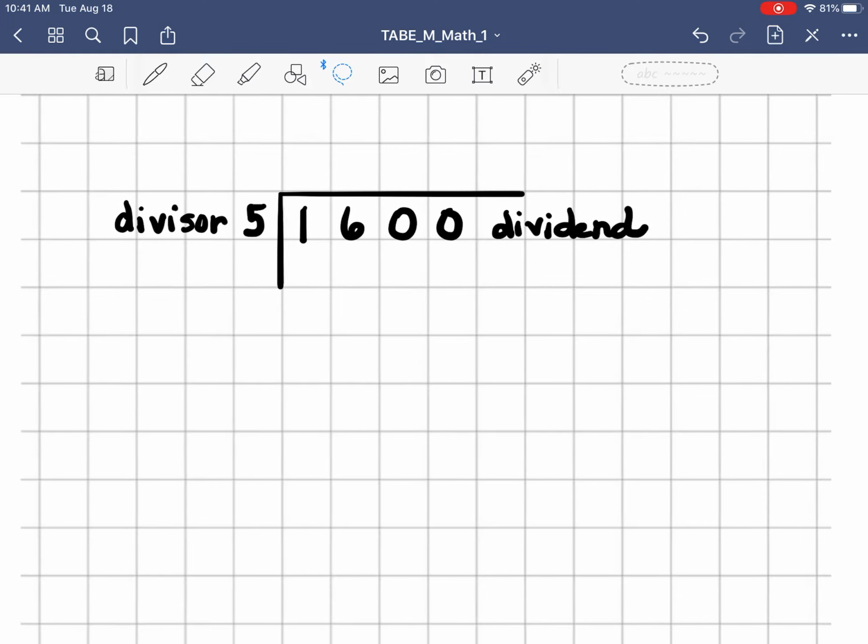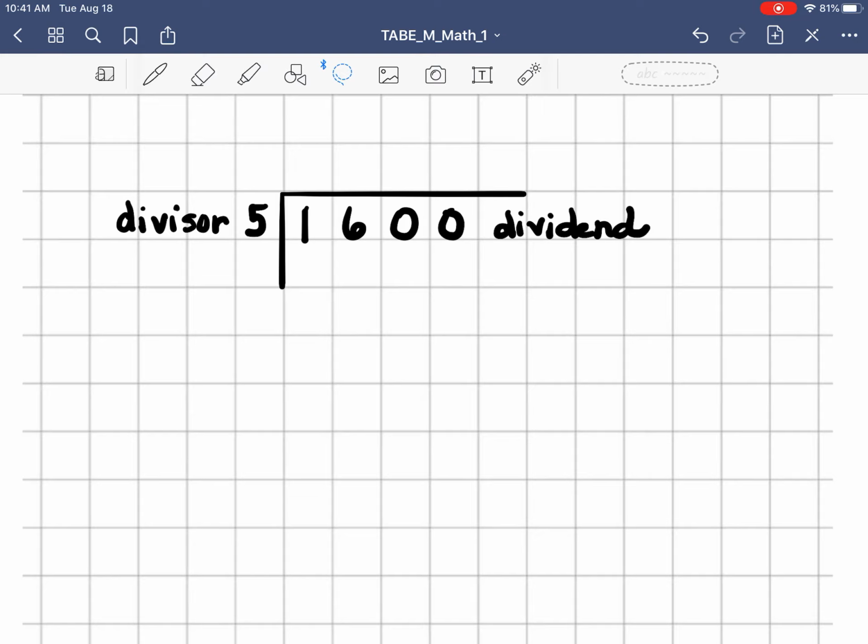So let's begin our division. And I'm going to change colors here just so you can follow what I'm doing a little better. So the first thing I need to ask myself is how many times 5 will divide into 1? And it won't. So I teach students to go ahead and put that 0 up there, because that helps you to line things up. So then I'll say 5 into 16, and that goes 3 times.